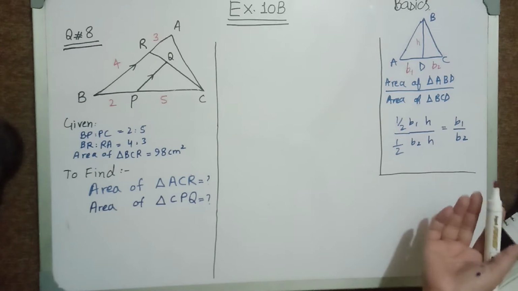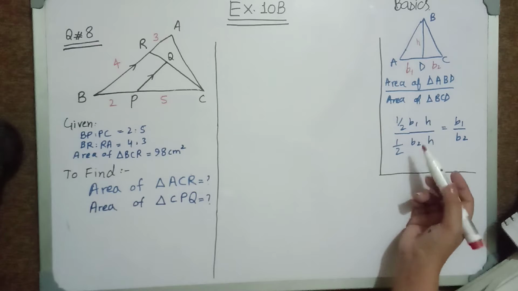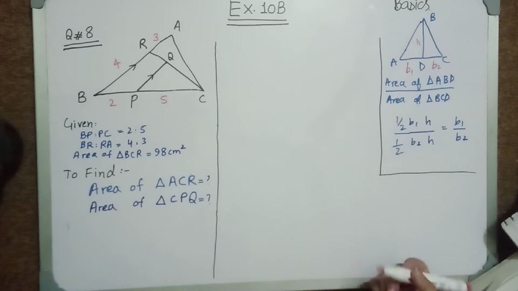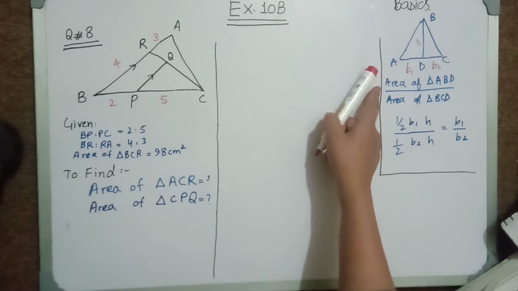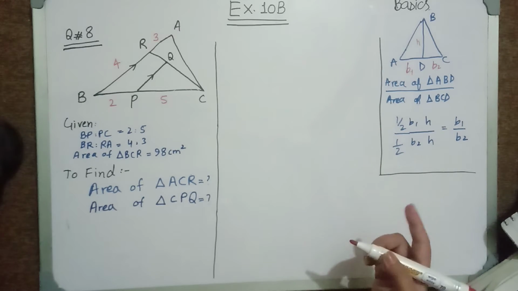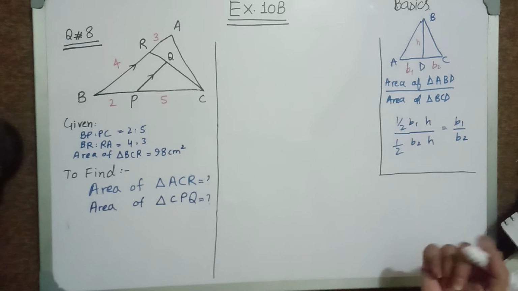And how do we get that? So look here, we know the formula for area of any triangle is equal to half into base into height.